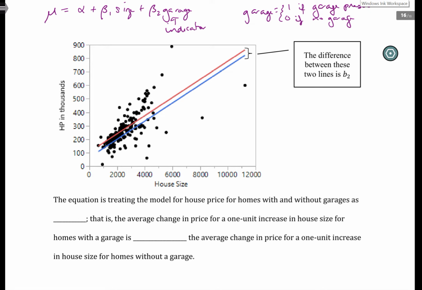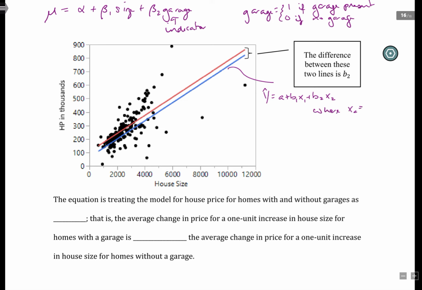And so when we did this, we were able to fit the model using a prediction equation. This blue line was the prediction equation y hat equals a plus b1x1 plus b2x2, and it represented when x2 equals 0, that is, when there is no garage.